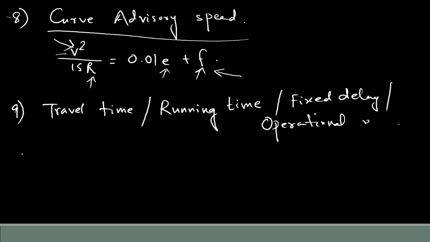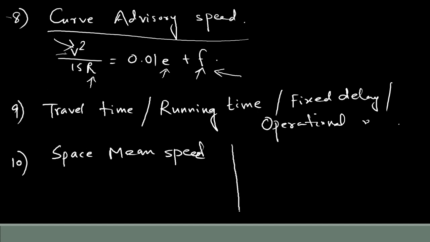The other thing which is very important is space mean speed and time mean speed. Let me give you a brief idea of what space mean speed and time mean speed are.